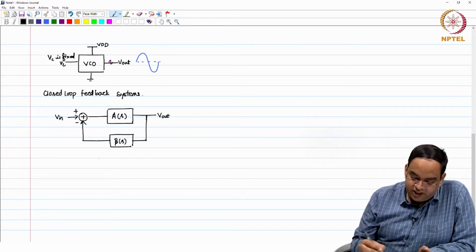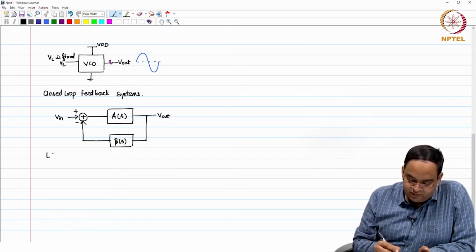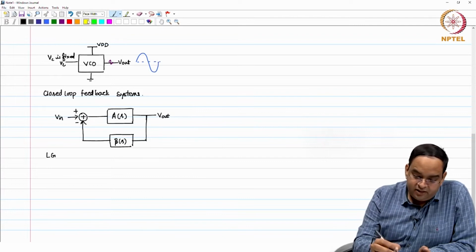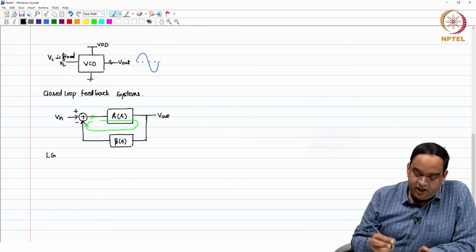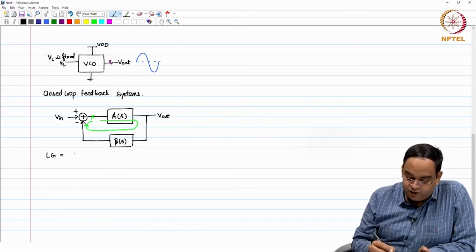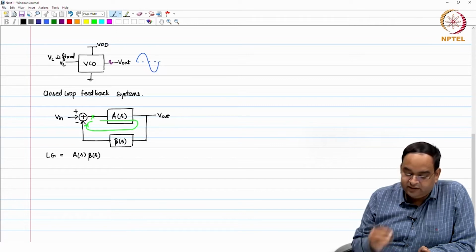First we look at the loop gain of this system. Loop gain is the gain which you get as you break the loop and go around the loop. So, here the loop gain is equal to A of s times beta of s.